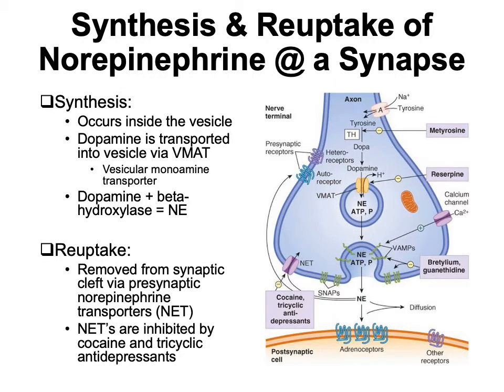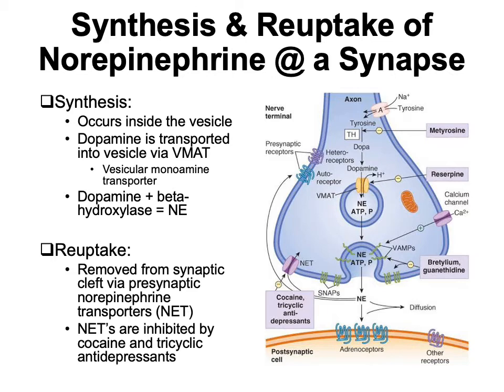Synthesis and reuptake of norepinephrine at a synapse. Synthesis occurs inside the vesicle in the axon terminal. It'll take dopamine, get it trapped inside the vesicle through a transport protein called a VMAT, vesicular monoamine transporter, and it'll then, inside the vesicle, convert dopamine into beta hydroxylase and eventually norepinephrine.